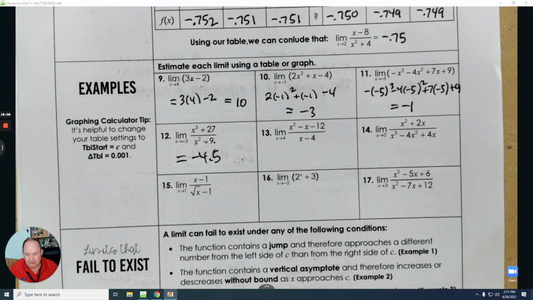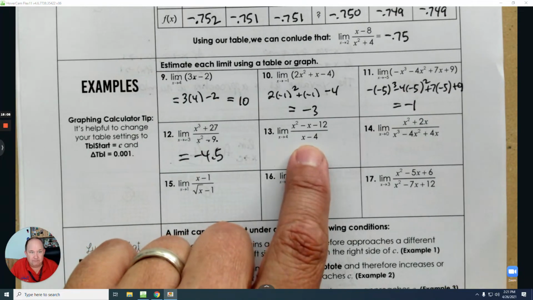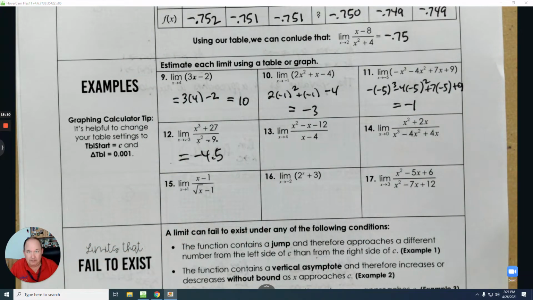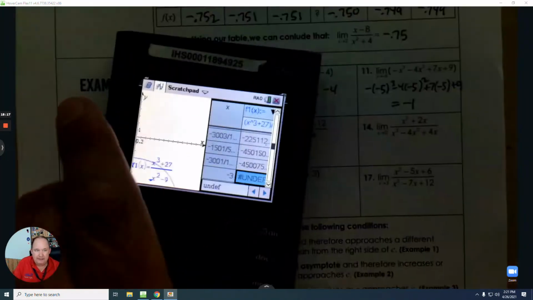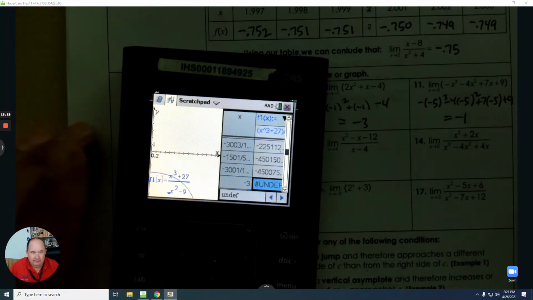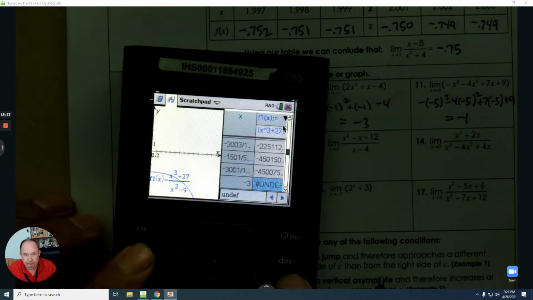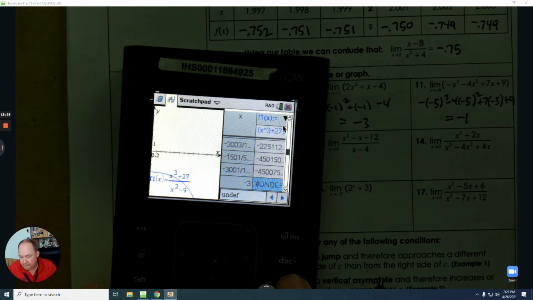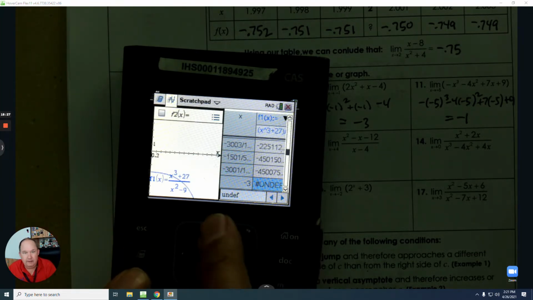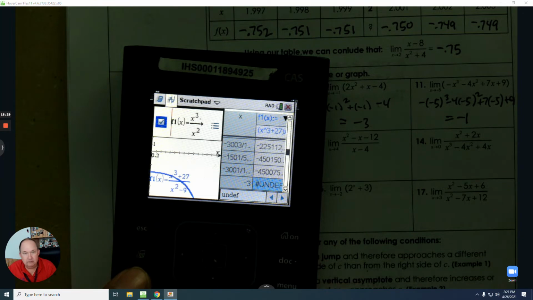All right, number 13. Is it continuous at 4? So if I plug 4 into the denominator, it's 0, it's undefined. So I'm going to use my calculator again to see if I can find a limit. So let's go back here. I'm going to press Tab, and I'm going to get rid of this one.